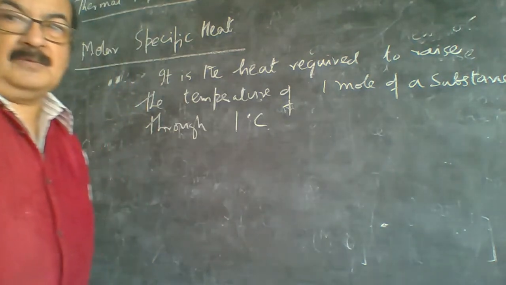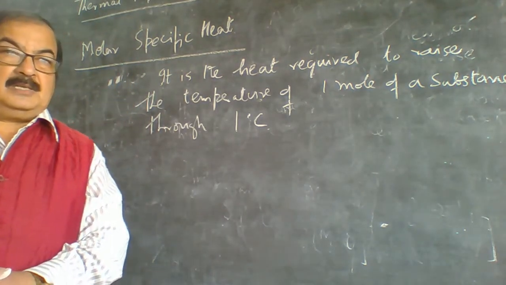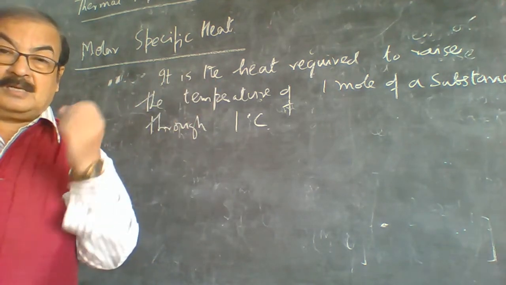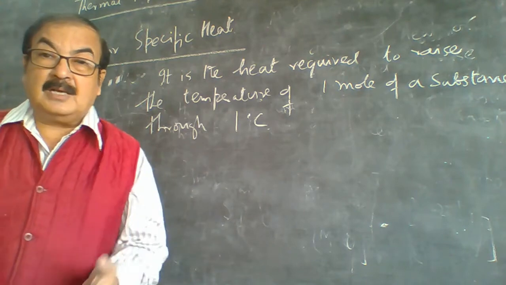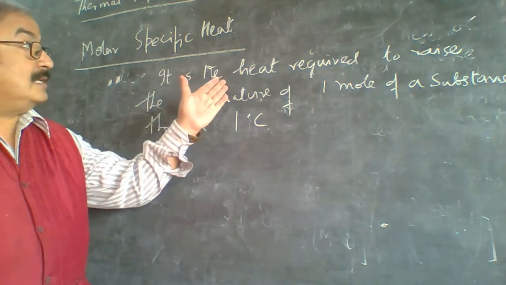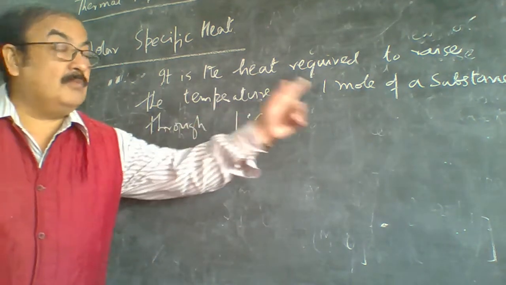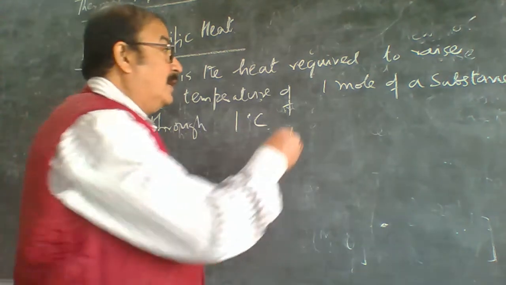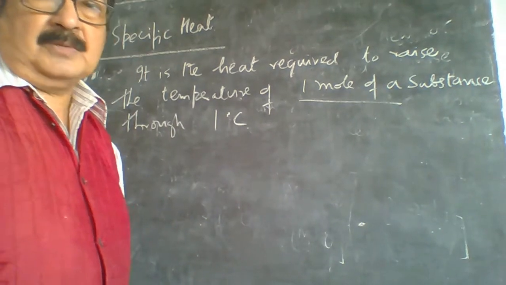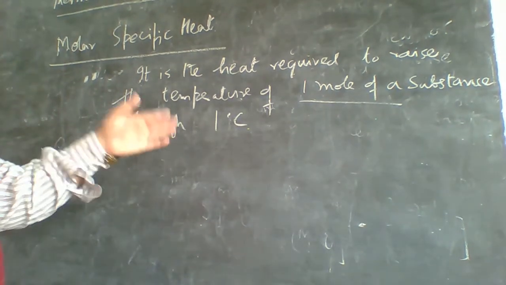Here we will not define that it is the heat required to raise 1 gram of a substance through 1 degree Celsius, but rather 1 gram of substance is removed and in its place 1 mole of substance comes. It is the heat required to raise the temperature of 1 mole of a substance through 1 degree Celsius.